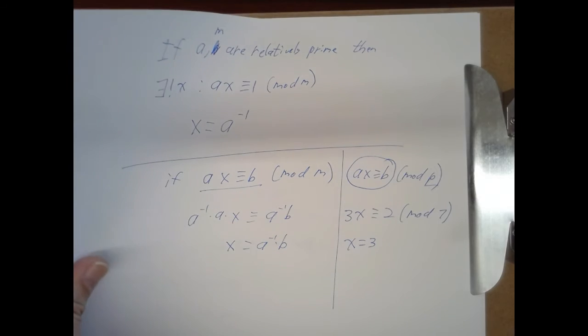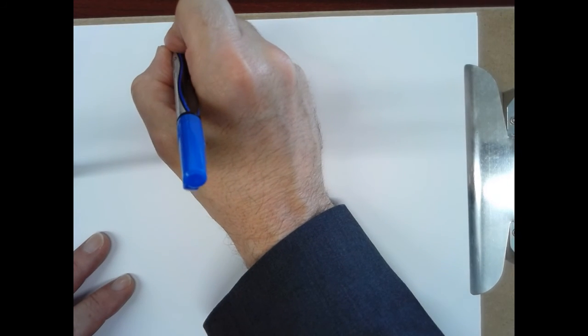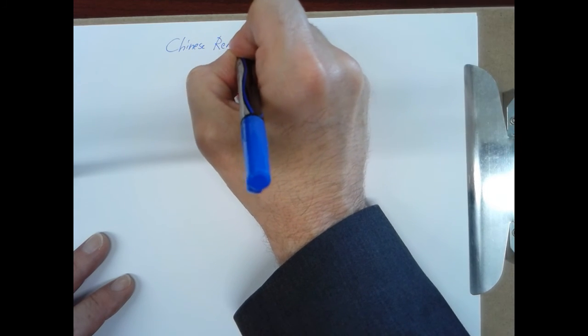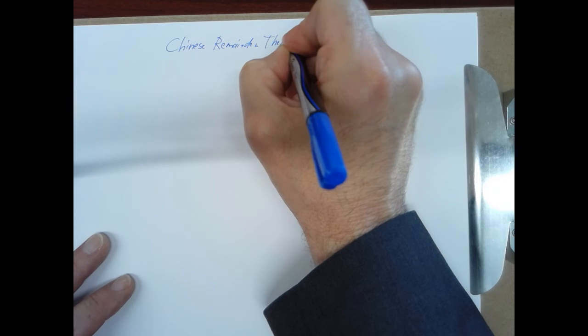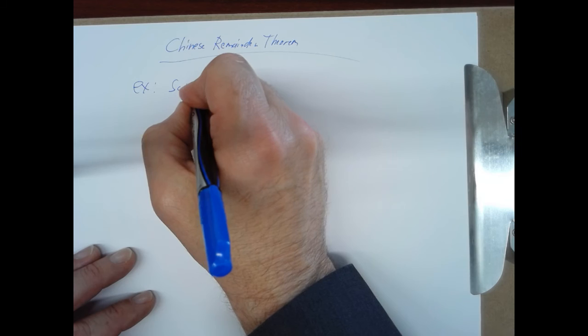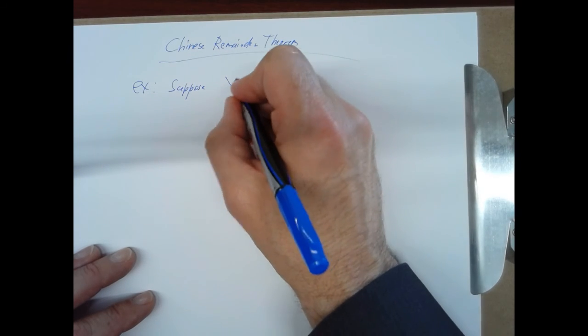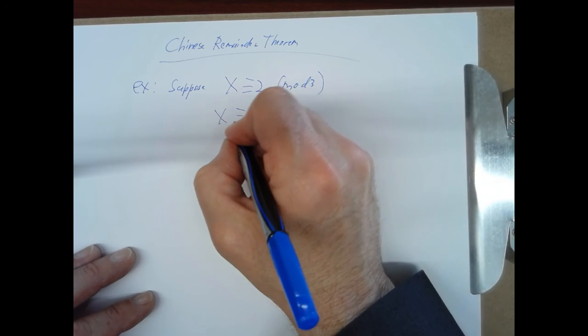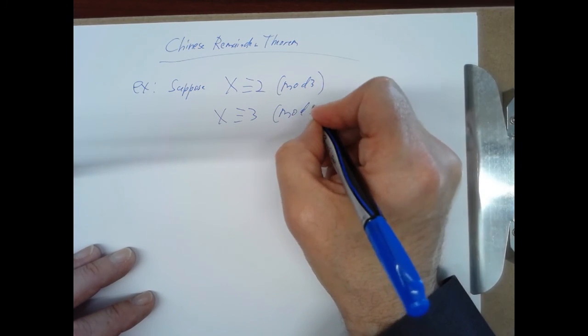Okay, one more result I want to leave you with, and I'm not going to prove this, but I'll just tell you that it exists, and we'll use this in public key crypto. This is called the Chinese remainder theorem. And this is actually referenced in some 1,000-year-old texts from China. So suppose we're told the following. X is congruent to 2 modulo 3. X is congruent to 3 modulo 5.